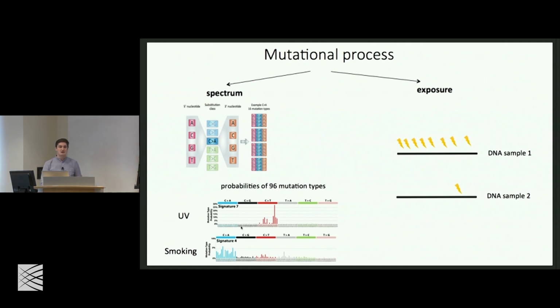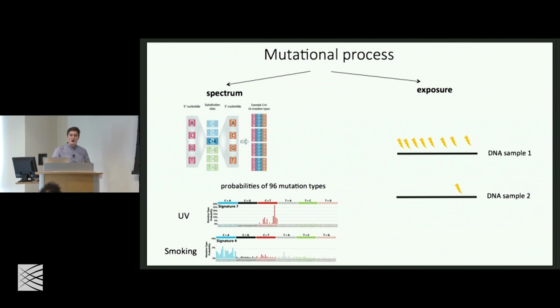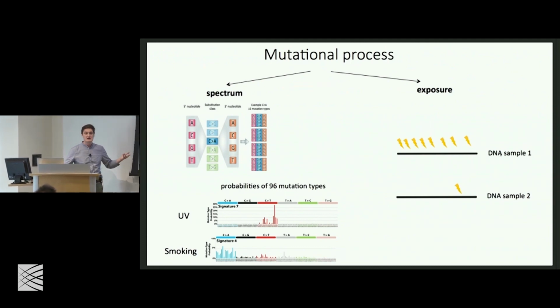So this is one property. Another property, which is important for statistical inference, is the exposure of a DNA sample to this mutational process. For example, skin is really exposed to UV, but cells of the liver or germline likely are not.